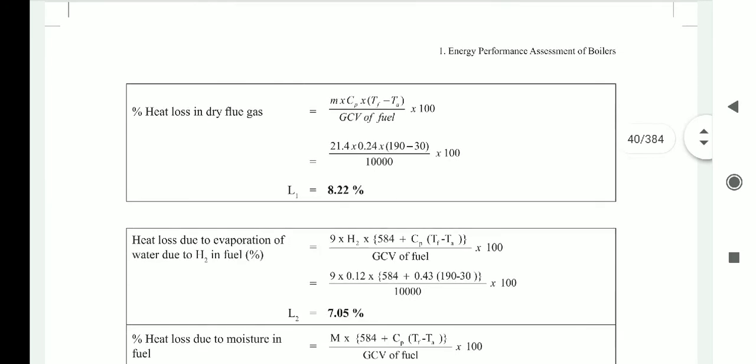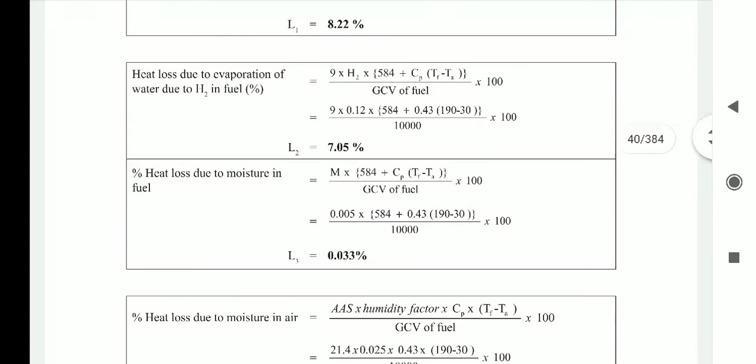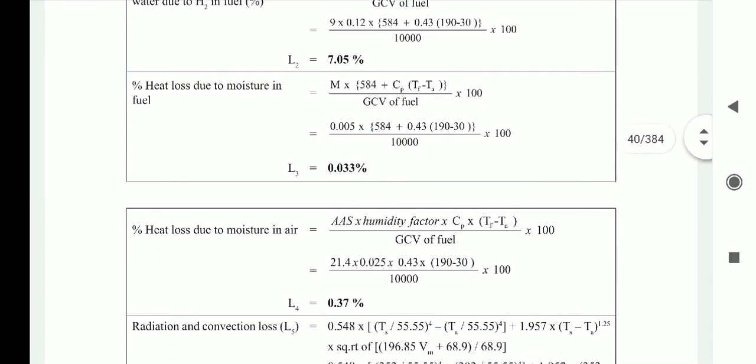Next loss, heat loss due to evaporation of water due to H2 in fuel. Similarly, L2 equals 7.05 with the help of the formula. And with the help of this formula, we can calculate heat loss due to moisture in fuel. We get 0.033. And M is moisture present in the fuel. Cp is Cp of stack gases.